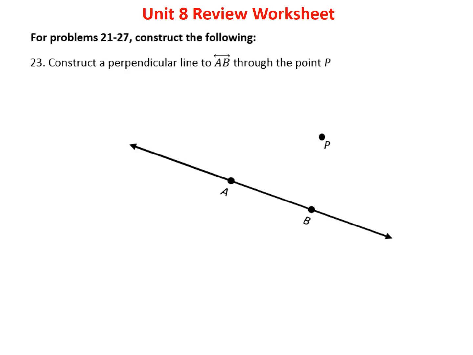Problem 23 says to draw a perpendicular line to AB through point P. Well, we're going to start by simply going to point P, opening our compass, and drawing an arc through it. What we've established is the two points where they intersect are both the same distance from P, so the perpendicular bisector of those points is going to go through P. Now take your compass again and put it on each of these points.